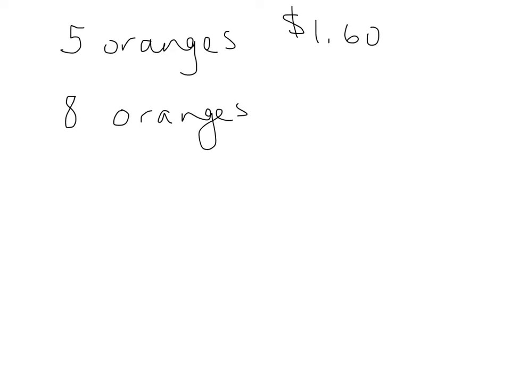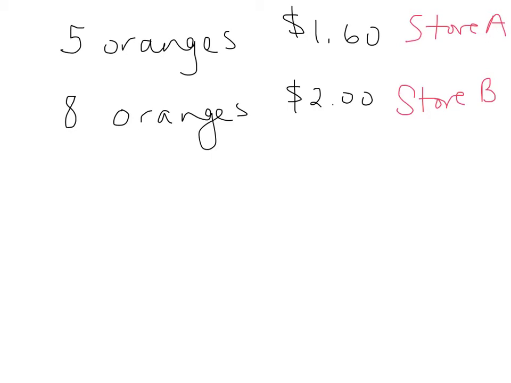Let's say that this one here is store A, and let's say this one here is store B. And the second store sells oranges for, let's see, $2 for eight oranges, sorry. So what I could look first and say, well, I know that store B costs more money, so I'm going to shop at store A.